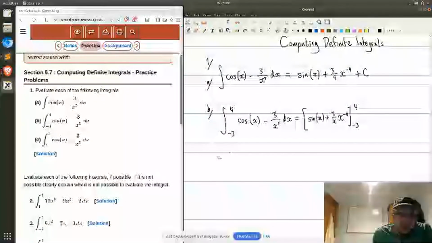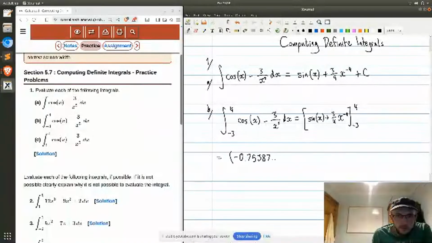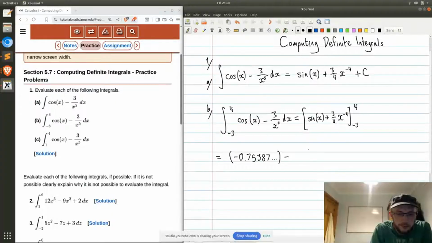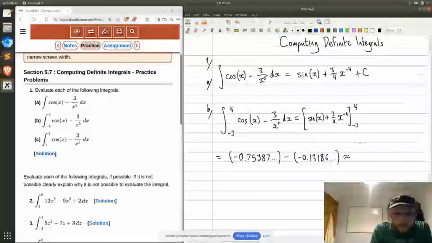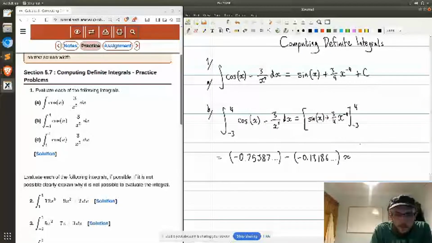Okay, so for the upper limit, and for the lower limit, it's this. The difference. We get this.